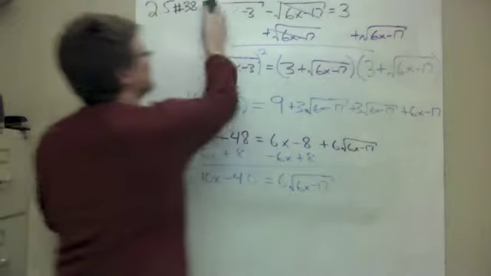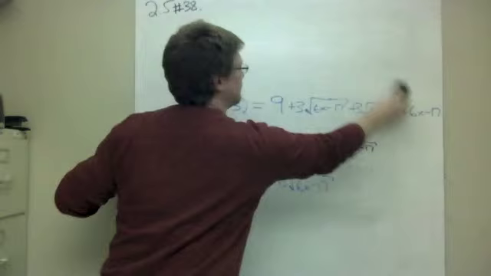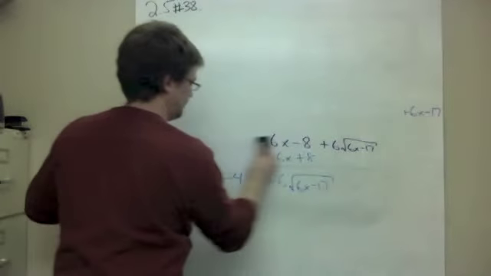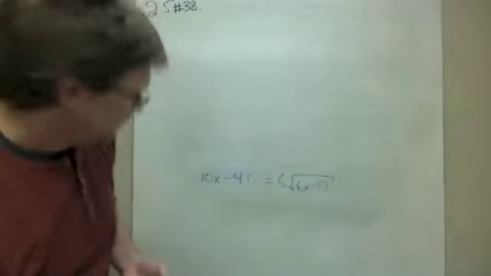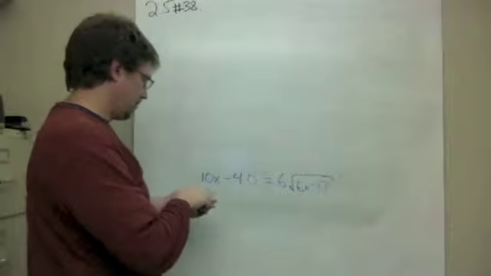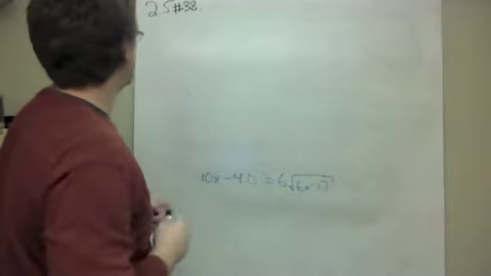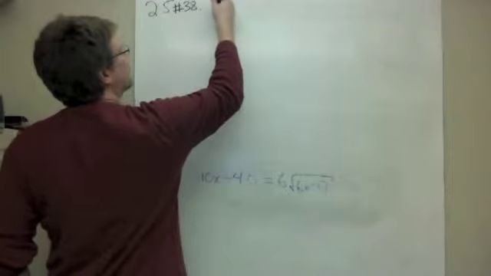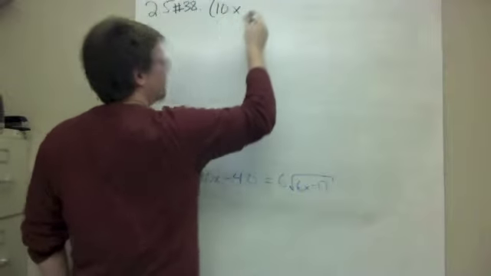Okay. All right, I'm running out of board, so let's move back to the top. Okay. So we're going to get 10x minus 40 squared. I want to write that as my FOILed form because that will better lead me to doing the proper thing.